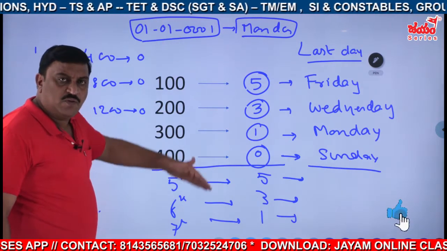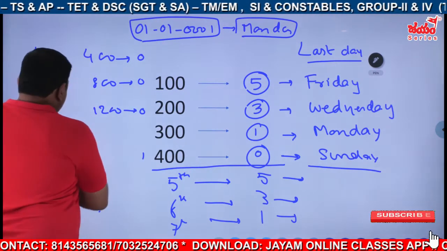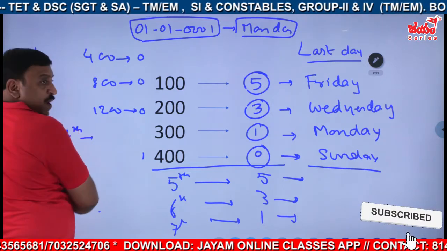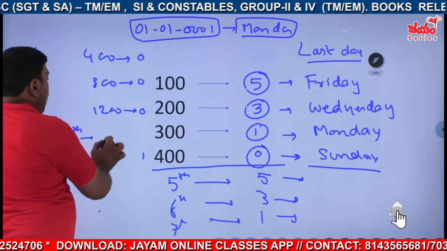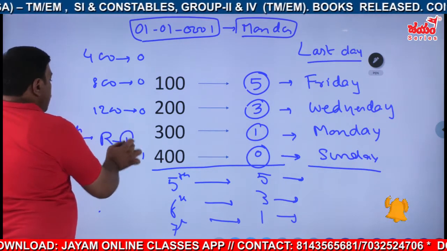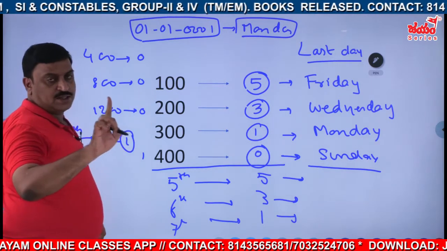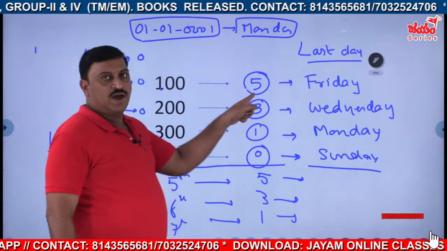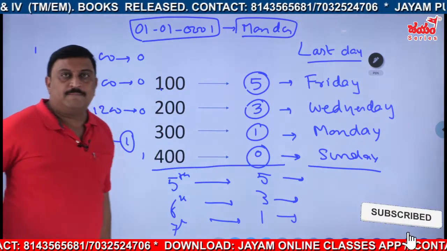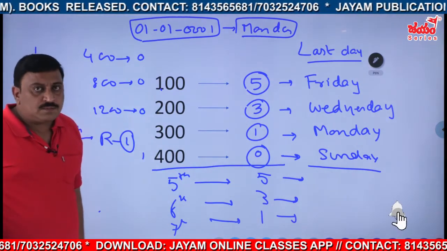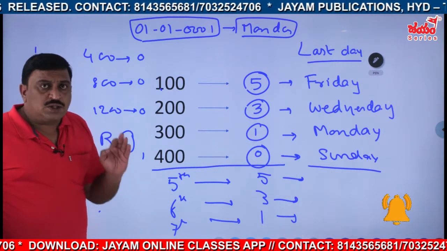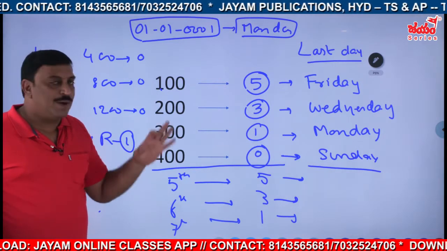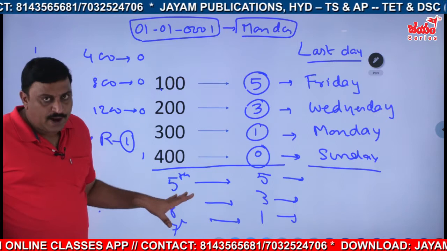Every 4 centuries we have a cyclic process, so divide 17 by 4. For 16, the remainder is 1. Remainder 1 means it is equivalent to the 1st century. The 1st century ends with 5, that's why it is Friday. I think you got a clear idea about this concept, right?